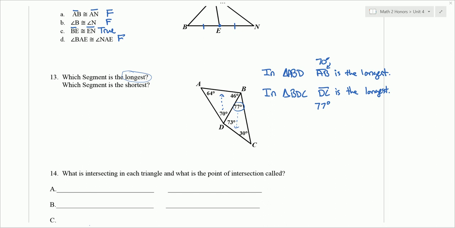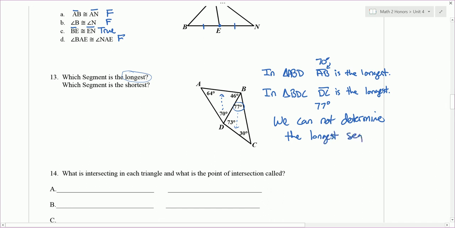If 70 and 77 were in the same triangle, then yes, the larger angle is across from the largest side. But we have two separate triangles here, and so we can't make that comparison. And so we kind of get stuck on this one. Which segment is the longest? We don't know. So we cannot determine the longest segment. Not enough information.